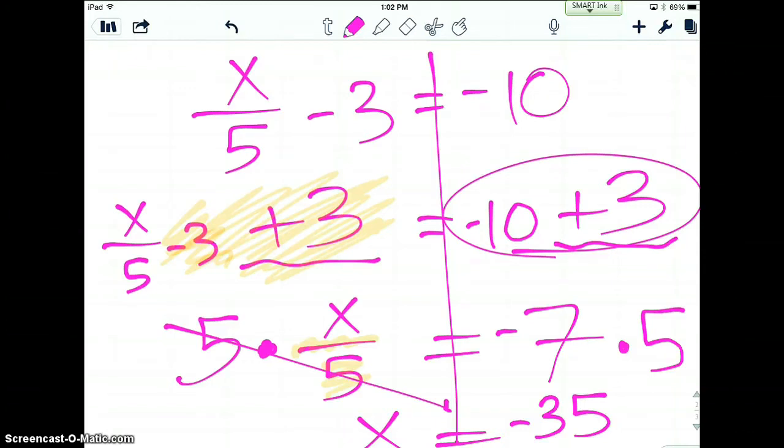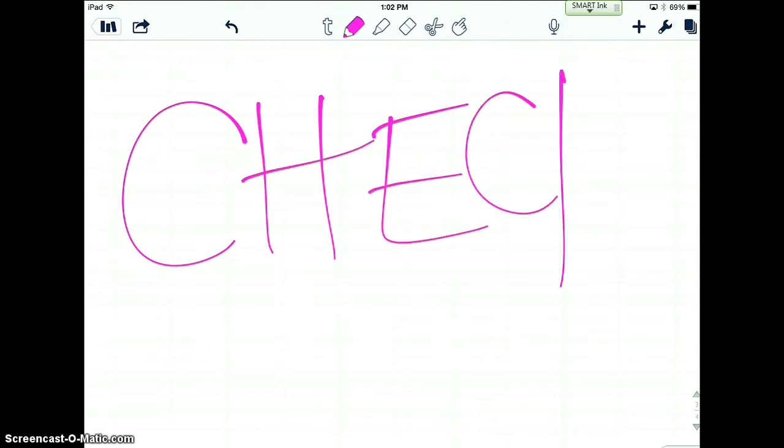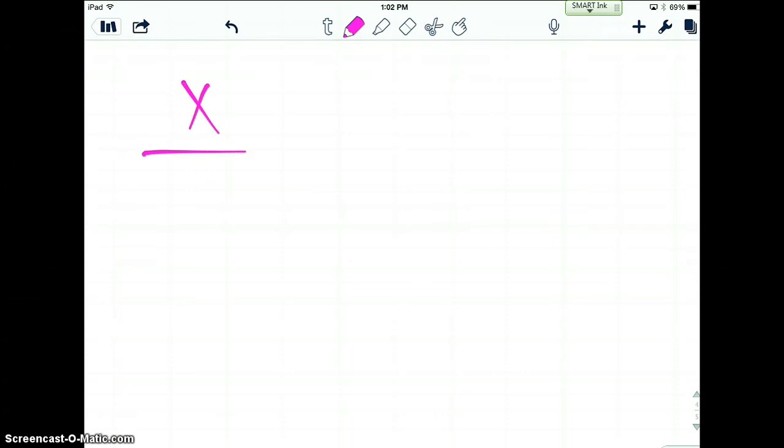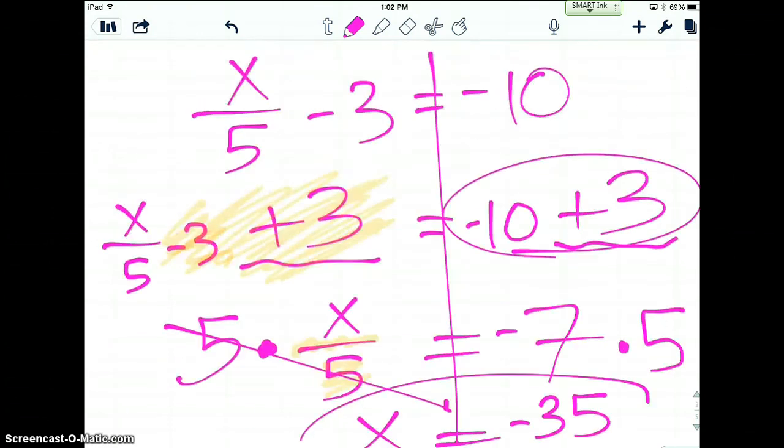But you know what? You're still not done. Why? Because you have to check it and get that joyous moment. So I have x over 5 minus 3 equals negative 10. And now we plug in what we got for x, negative 35.